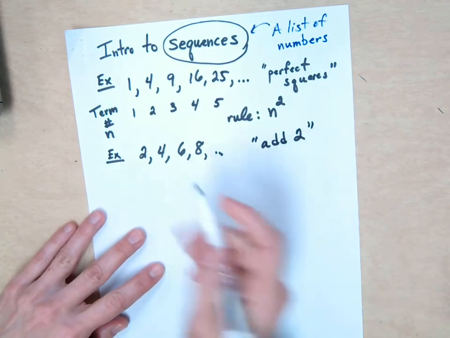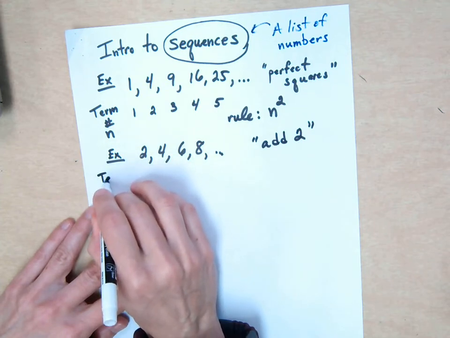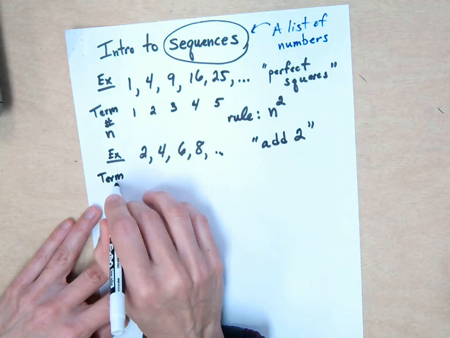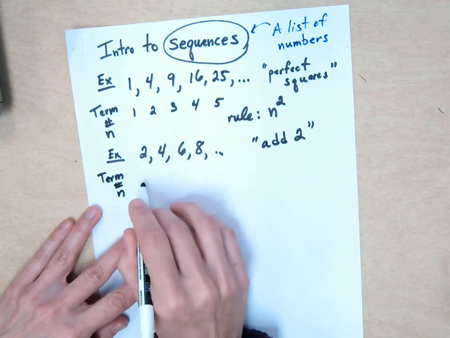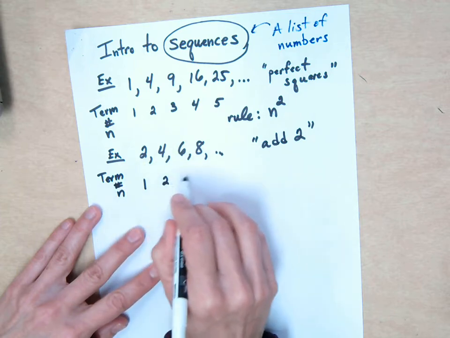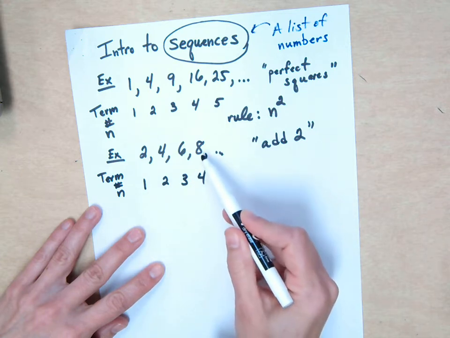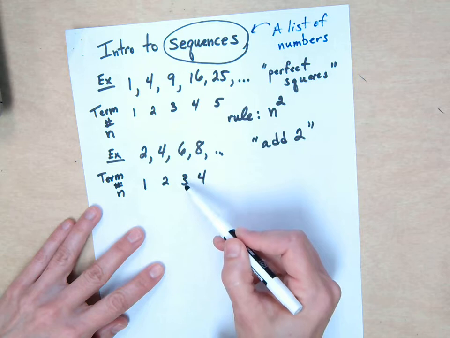You could write a rule, and we'll talk more about that. You don't need to do this on your homework yet, but if that's the first term, the second, the third, the fourth, what are you doing to the term number to get the actual number in the sequence?